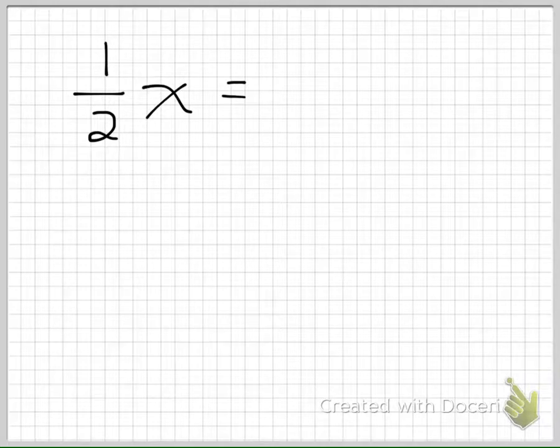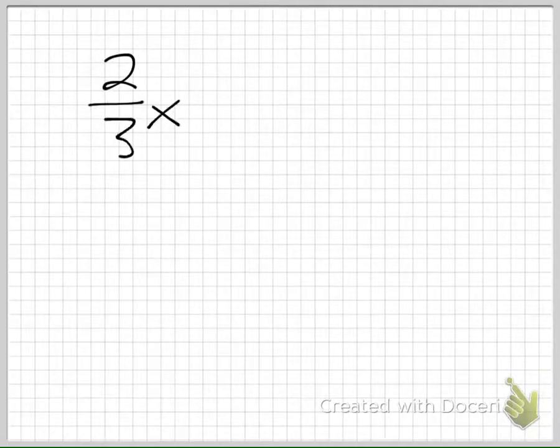Okay, ready? I'm going to show you some shortcuts here. I hope you're paying attention. One half x equals, now we'll change that. 2/3 x equals, I don't know, 5, nah, 6, nah, I like 5/6.